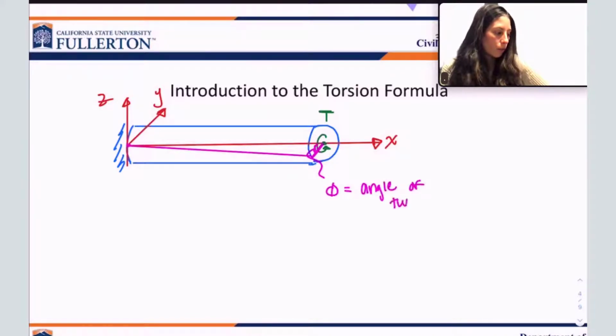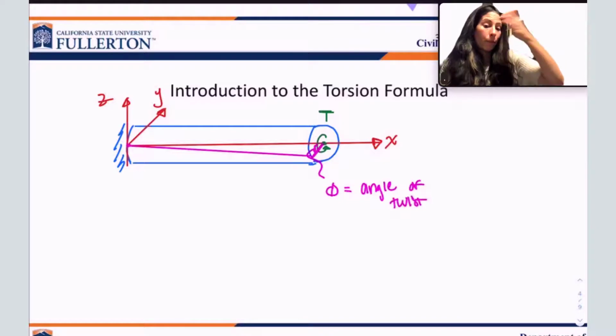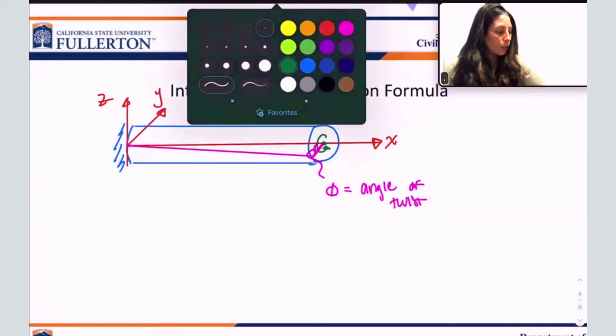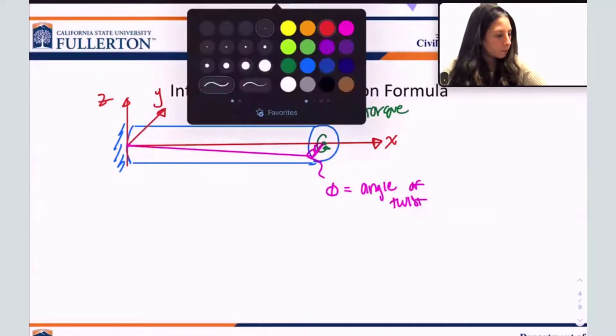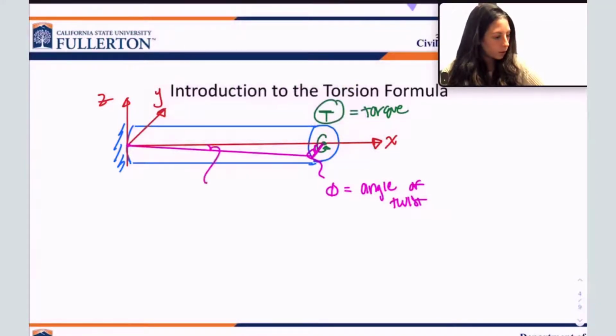And T, just so we can define all of these, T is equal to the torque that's applied around the x-axis. And this is basically the moment that causes twisting, okay? This angle of twist, phi, decreases as you get closer to the fixed support, right? There's less deformation as you get closer to the fixed support, okay?